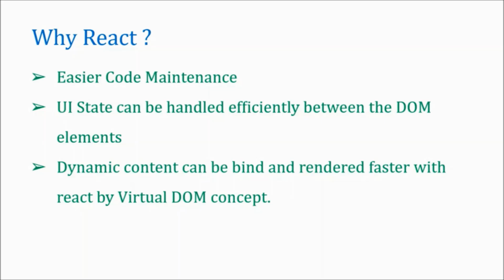For instance, if we have 10 list items and I have to update only the first list item, then because of this virtual DOM concept, only the first item will be updated and the other 9 list items will not be updated. This will improve the performance of the application when it comes to huge websites.